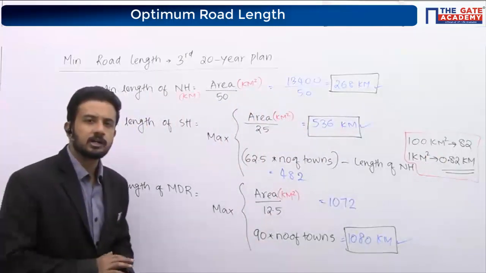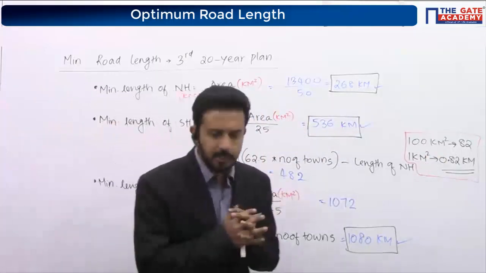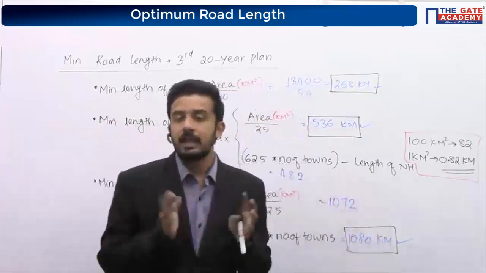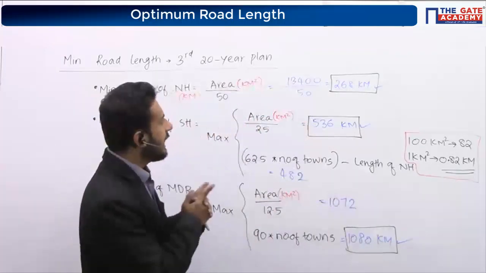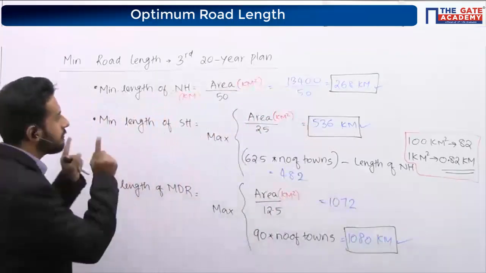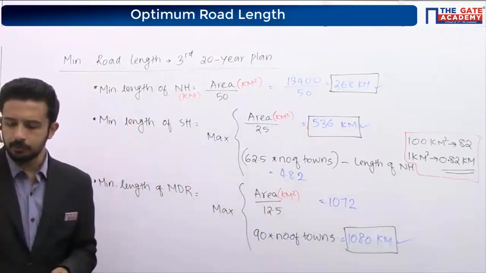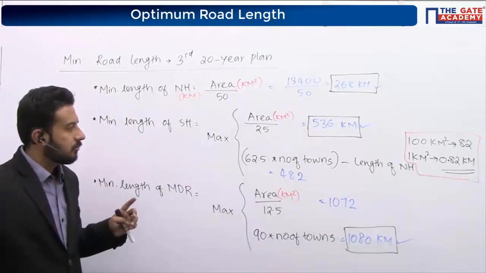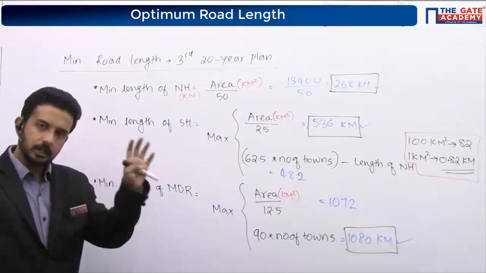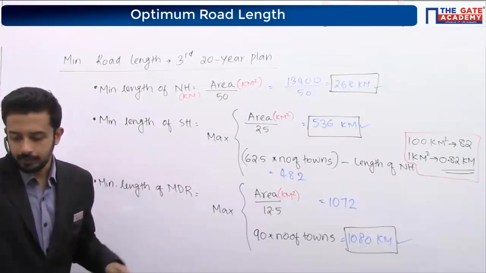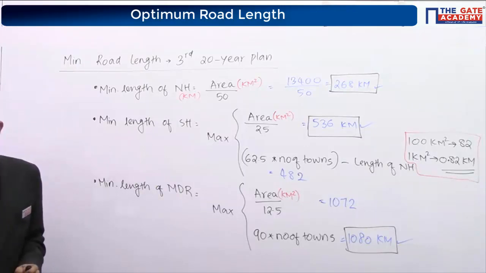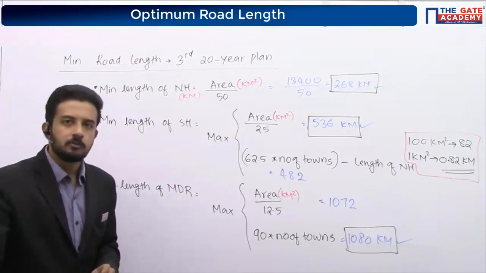Then can you tell me what can be the total length of road required as per the third 20-year plan for this area? What should be the minimum total length required according to the third 20-year plan? Can you tell me? Very good, Dhruv.